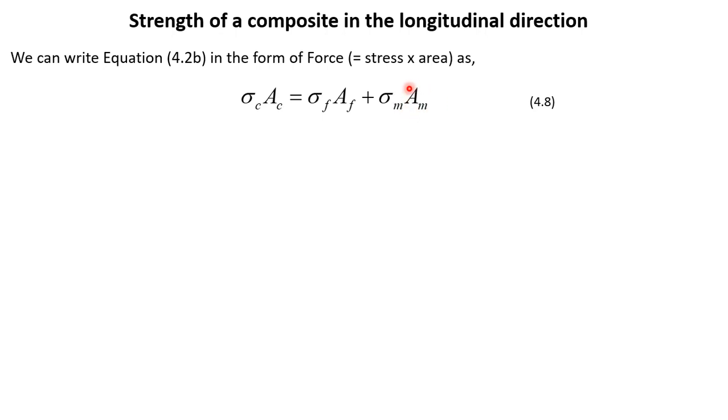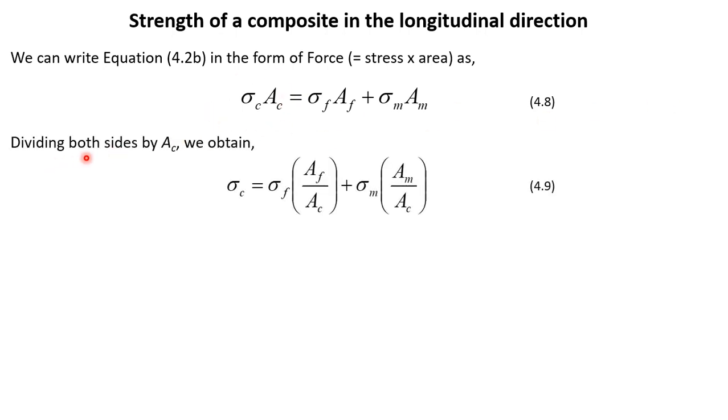So this equates to force. So dividing both sides by cross-sectional area of the composite, we obtained sigma c, which is the stress in the composite, is equal to stress in the fiber multiplied by this area ratio plus stress in the matrix multiplied by this area ratio.